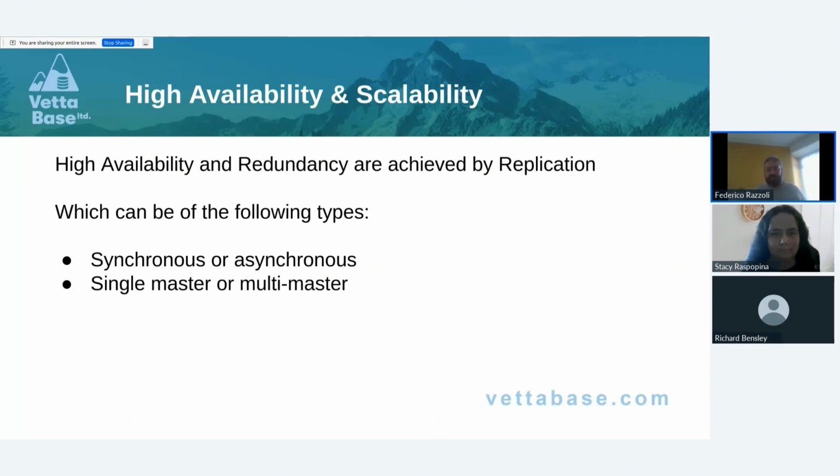And replication in general can be of these types. It can be synchronous or asynchronous, single master or multi-master. And this is true for databases in general, not only for MariaDB. And let's see how this translates for MariaDB in particular.